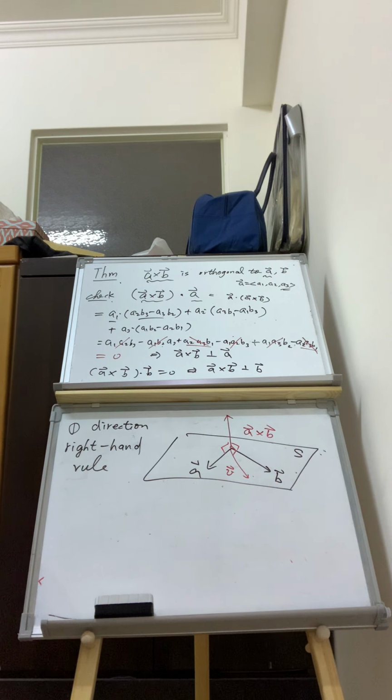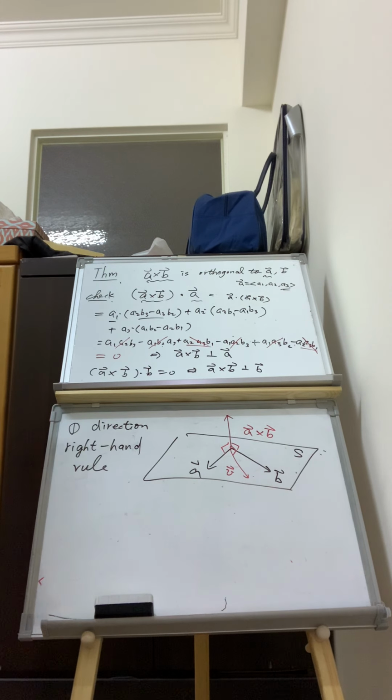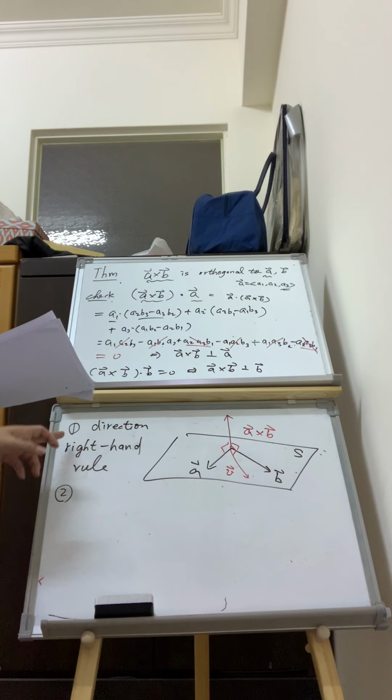And it's called the right hand rule. Probably some of you have heard this one before. Okay, anyway, that's the direction of the cross product of A and B.